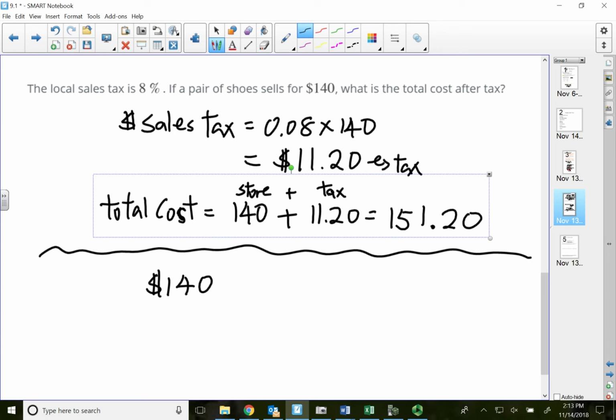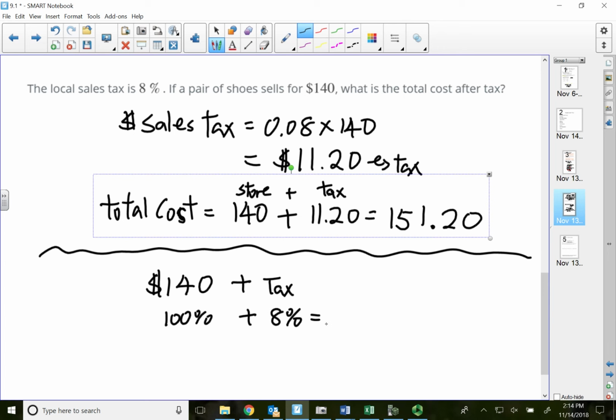Think about it. If I don't pay the entire $140 to the store, they're not going to let me walk out with one shoe. So if the shoes that I really want cost $140, I have to pay 100% of it, plus I also need to pay Uncle Sam some tax. And I know the tax I need to pay is 8%.